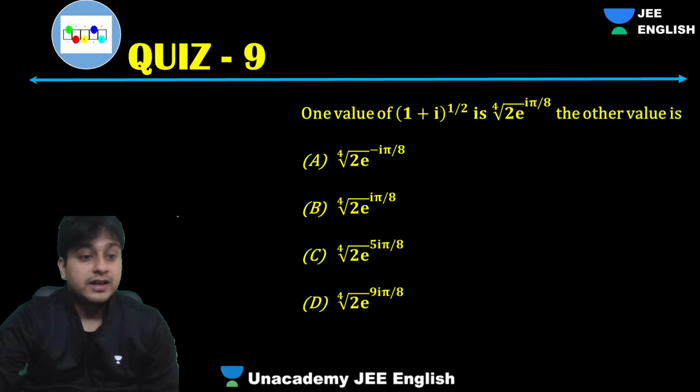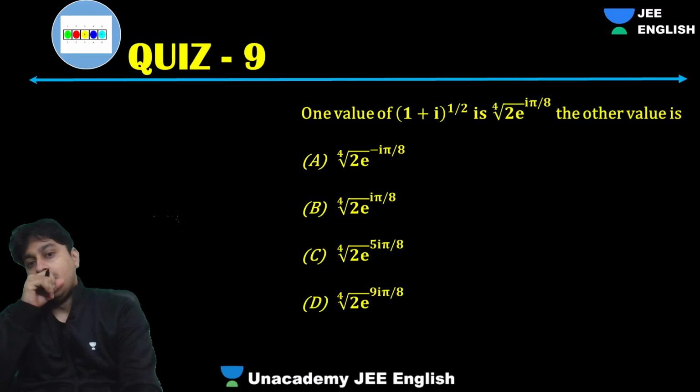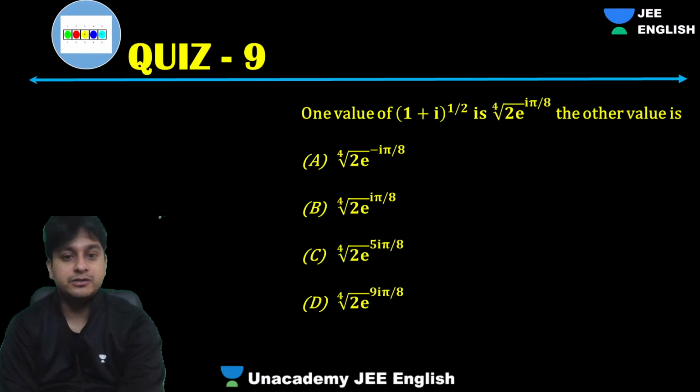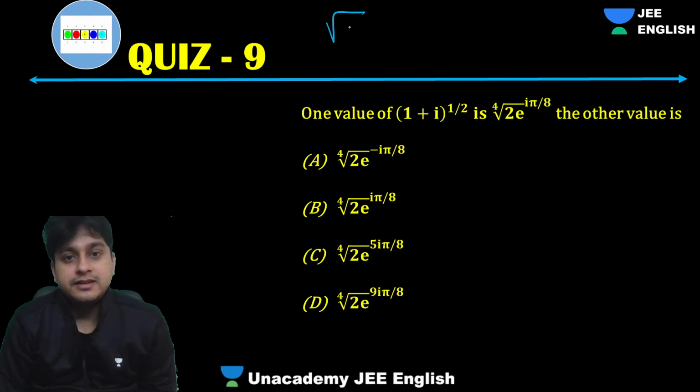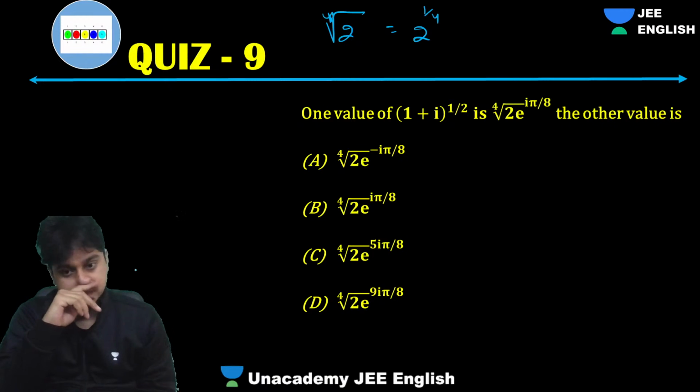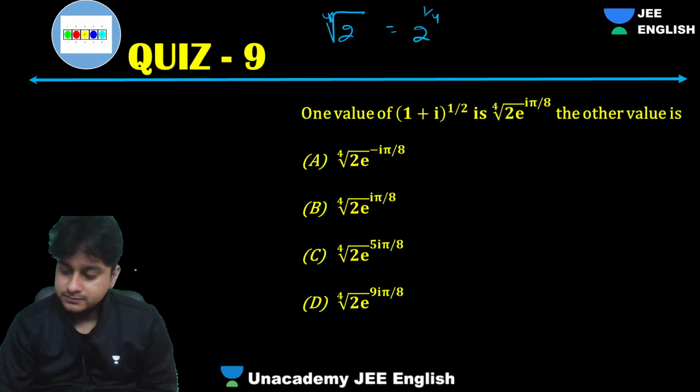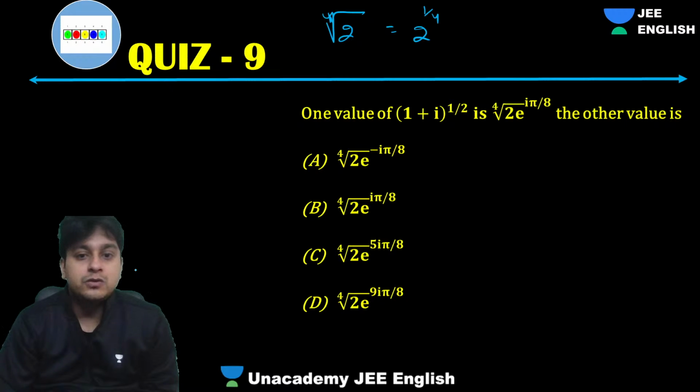Okay, now we have to use the trick here. So this is the next question, guys. This thing means 2 power 1 by 4. So if one root of this is this, the other root will be what?